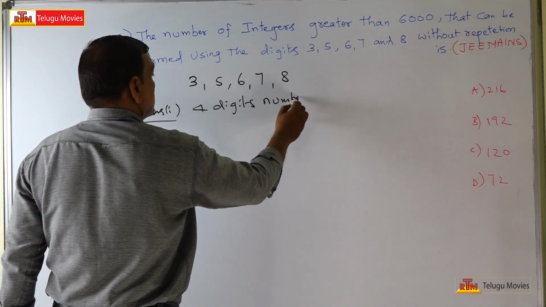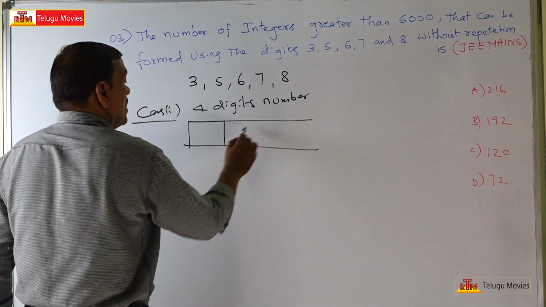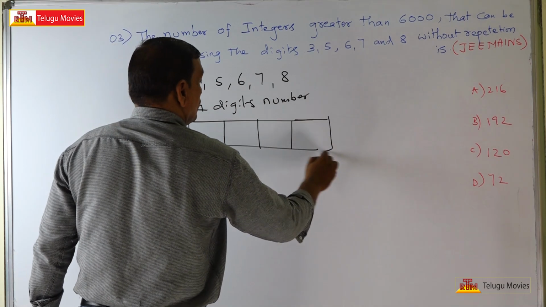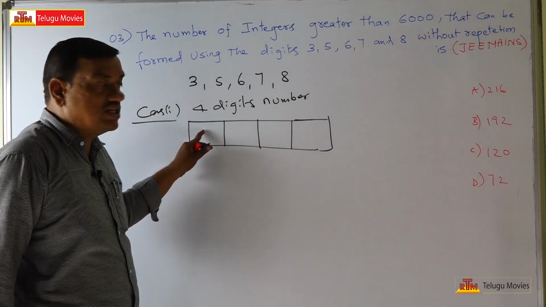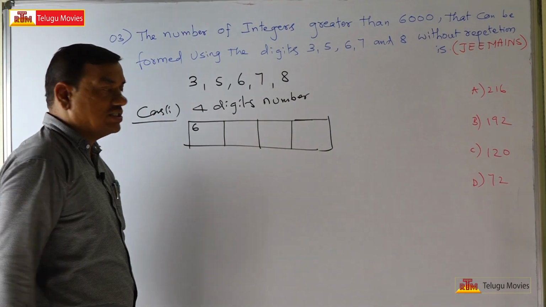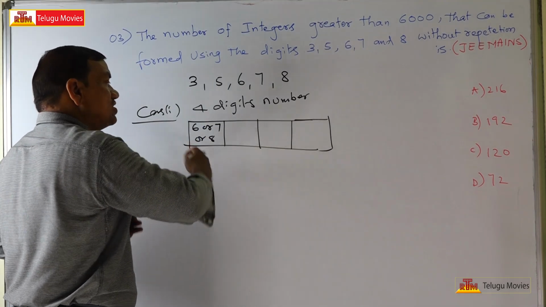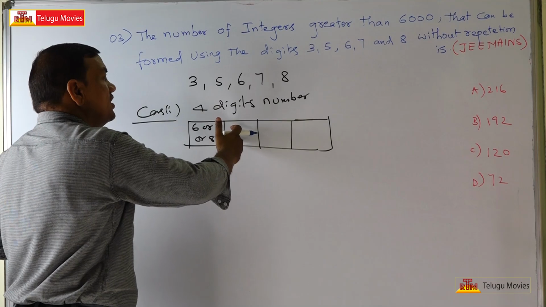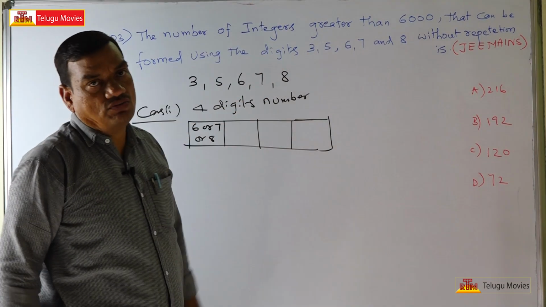Take the 4-digit numbers with boxes 1, 2, 3, 4. Coming to the thousands place, you can put 6 or 7 or 8. Even if you put 3 after 6, 6300 is greater than 6000.